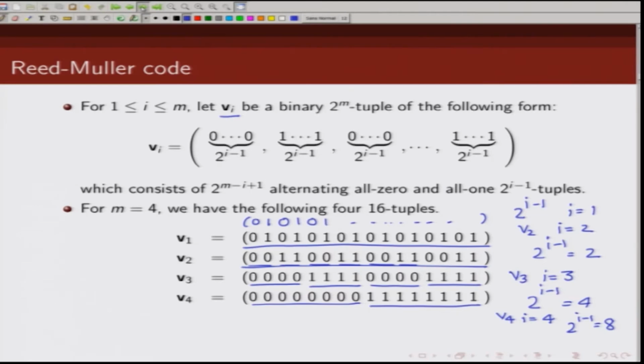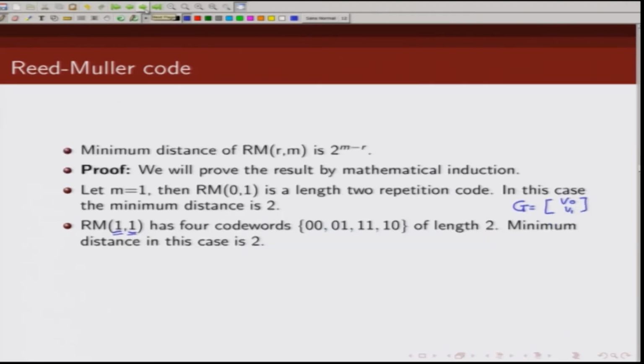What I will get is G equal to 1 1 and 0 1. This will be my generator matrix. Now, this will generate the following codewords of length 2, and what is the minimum distance between these codes? That is 1. You can say the minimum weight of a non-zero codeword is 1. So, the minimum distance in this case is 1.